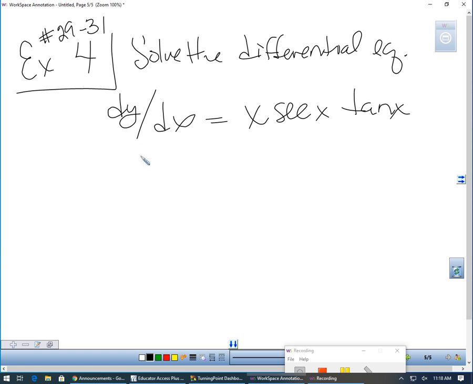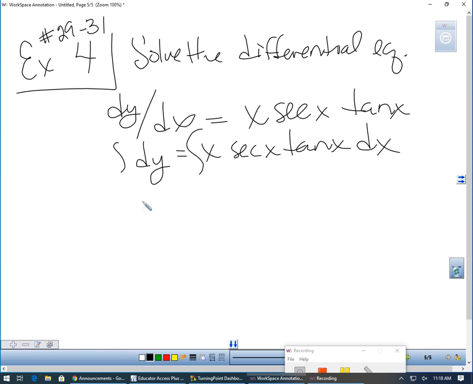So we have dy equals x secant x tangent x dx. Then really what we do is we integrate both sides, is what's actually happening, right? This becomes y equals, and we're going to integrate that side.